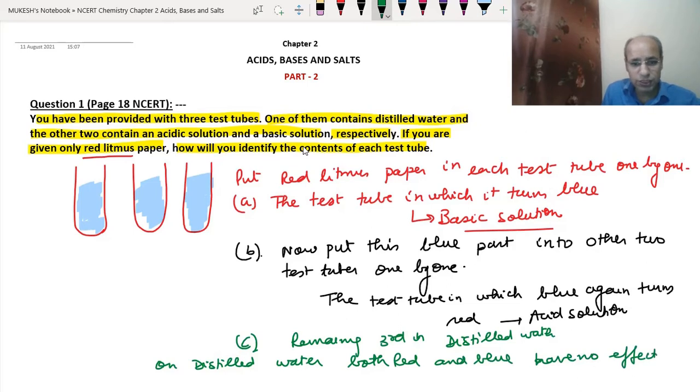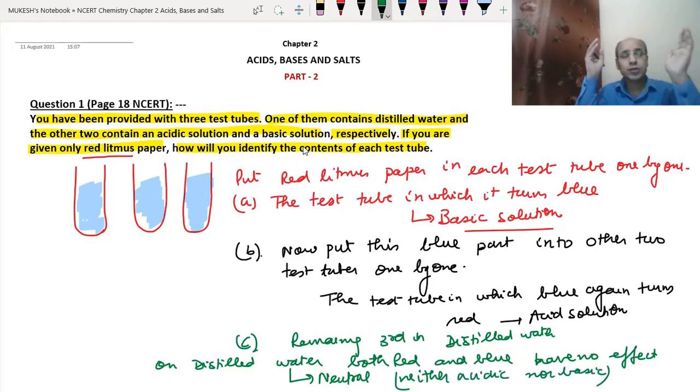Reason? Because distilled water is neutral. It is neither acidic nor basic. I hope you have understood this question. We put the one litmus paper one by one in each test tube, so this is how we can identify these solutions with only one litmus paper.